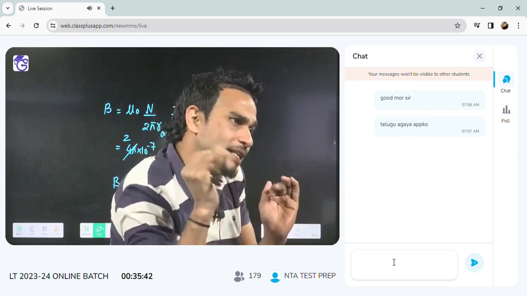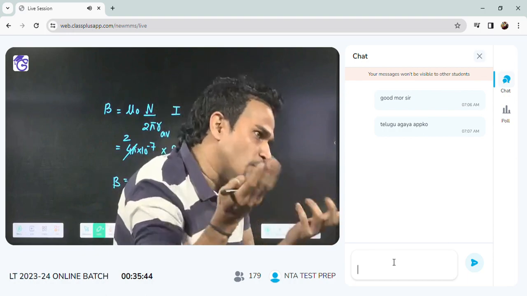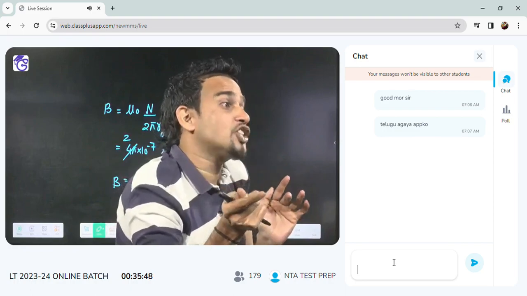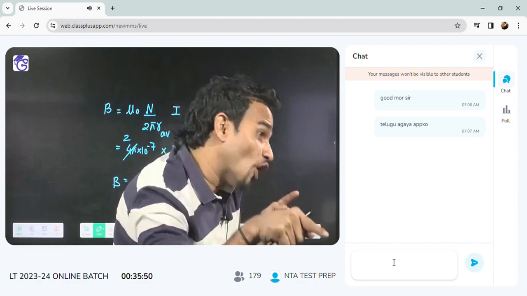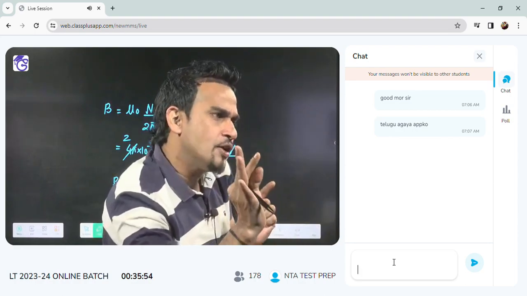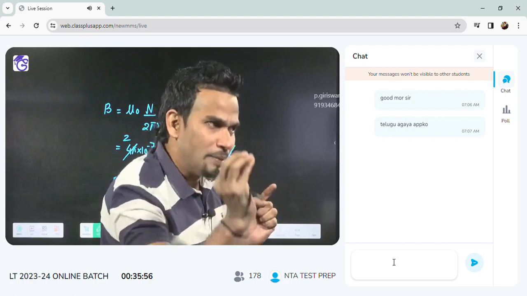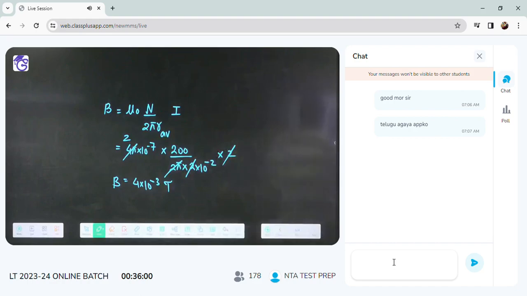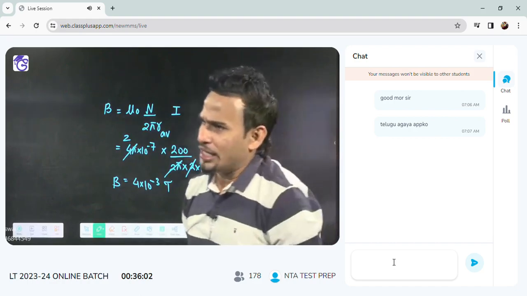Or someone says solid cylindrical wire, that also means solid. If they want to ask you hollow, they have to mention separately. For solid wire, no need to mention separately. Simply wire also means solid cylindrical wire. So in bracket, you can write solid. And this solid, they will not mention mandatorily in the NEET exam.